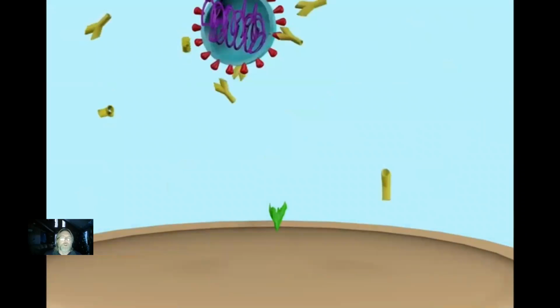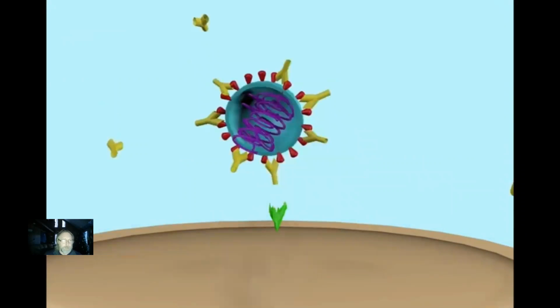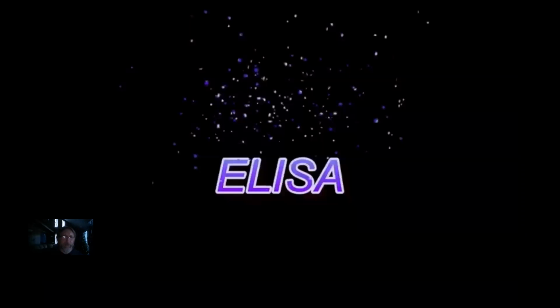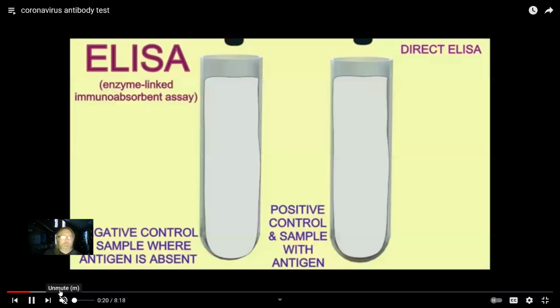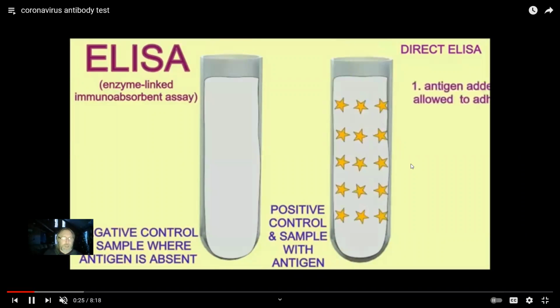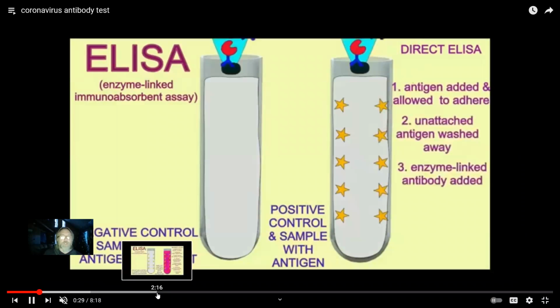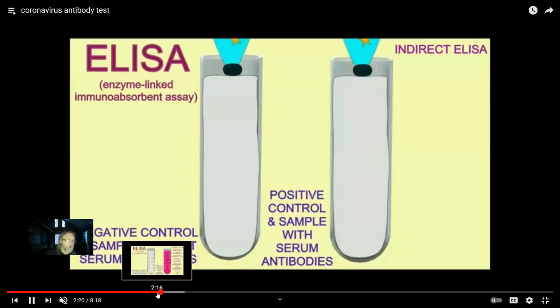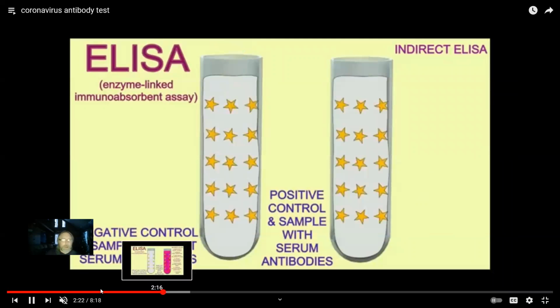So while there are these direct tests, which would test for coronavirus infection, they could test for the RNA, they could test for coronavirus proteins. There are different ways of directly testing. There's also what's called an indirect test, which is looking for antibodies to coronavirus, sometimes called a serological test.